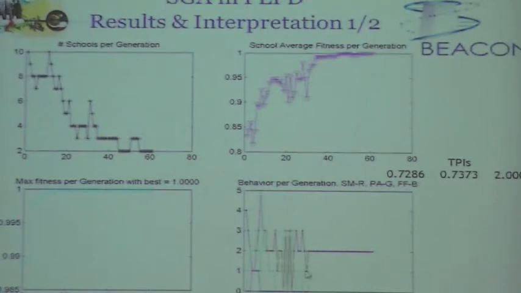And what is interesting here is the behavior per generation. Here, red represents school maintenance, green represents predator avoidance, and blue represents food foraging. When we look here, we can see that at convergence, only two behaviors were existing in the population: predator avoidance and school maintenance.